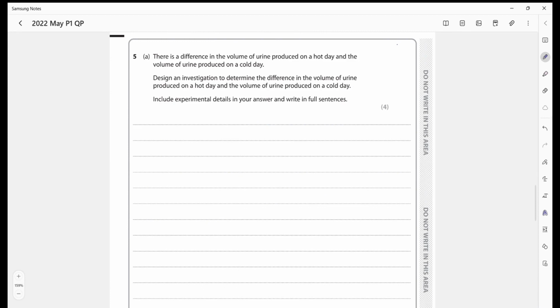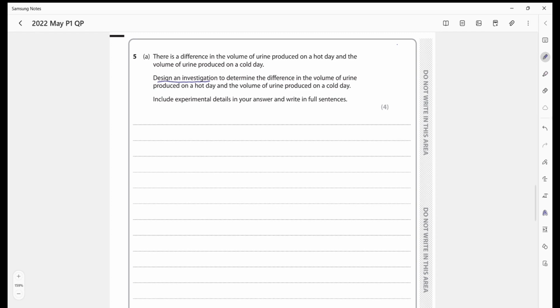Okay, question 5. There is a difference in the volume of urine produced on a hot day and the volume of urine produced on a cold day. Design an investigation to determine the difference in the volume of urine produced on a hot day and the volume of urine produced on a cold day. Include experimental details in your answers and write in full sentences.